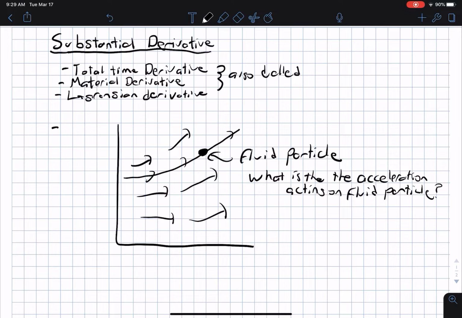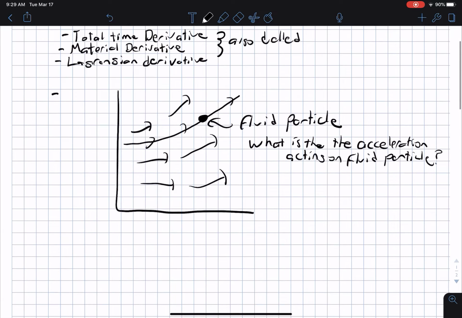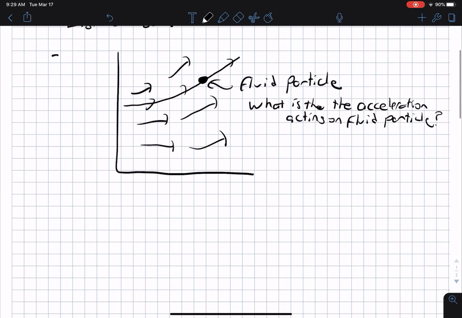Okay, and so we use the substantial derivative to do that.